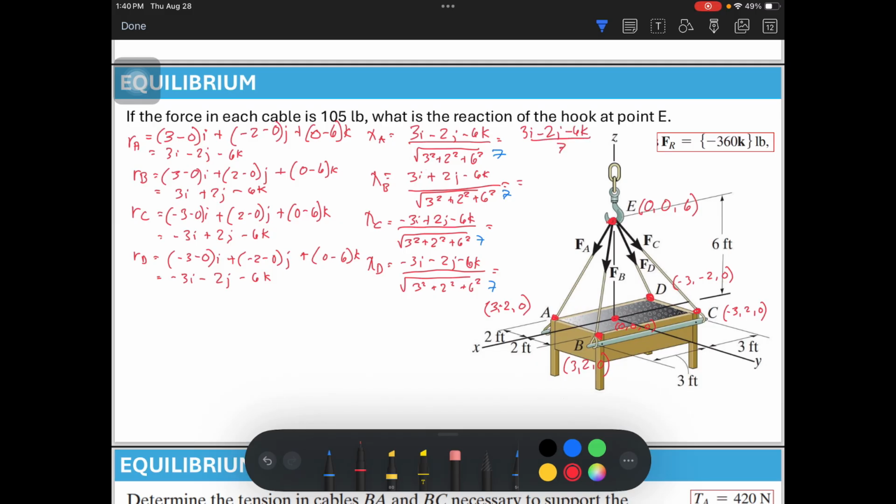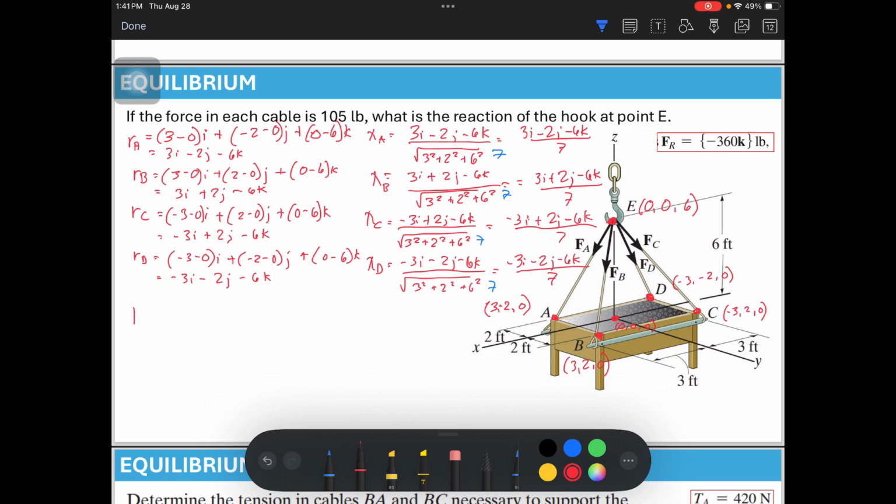This is 3i plus 2j minus 6k all over 7. This is negative 3i plus 2j minus 6k all over 7. This is negative 3i negative 2j minus 6k all over 7. So we now have the lambdas.